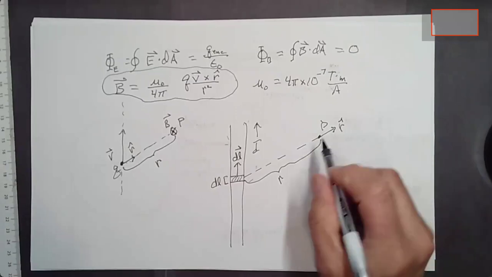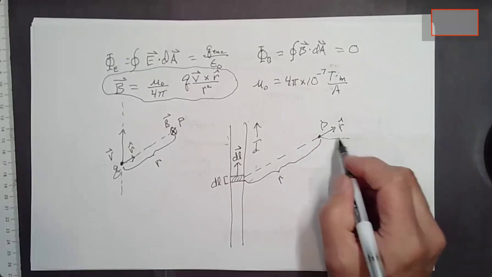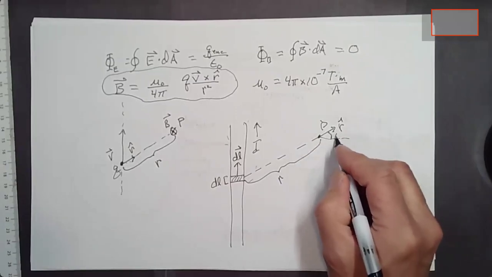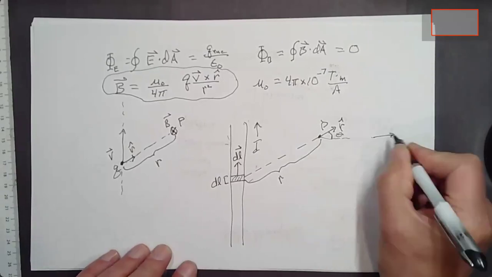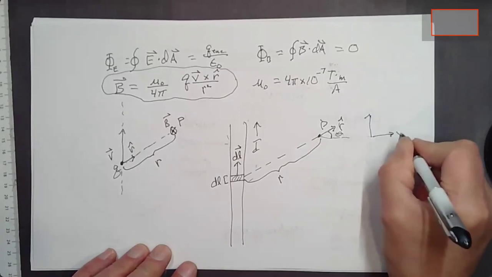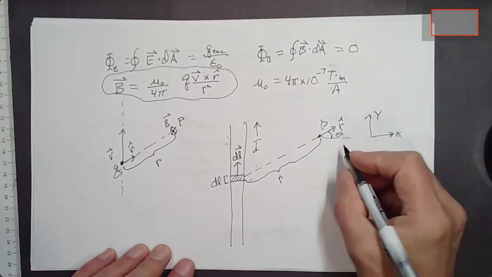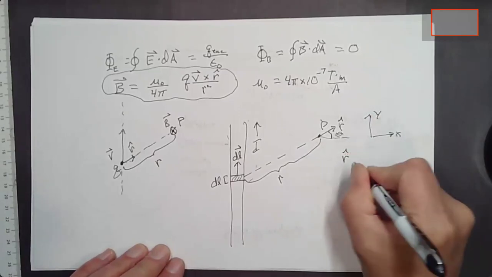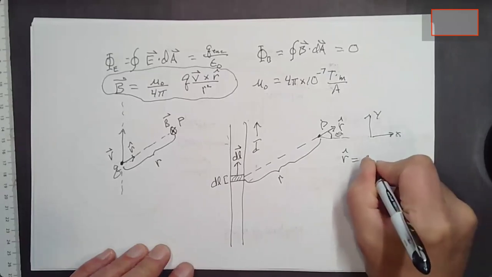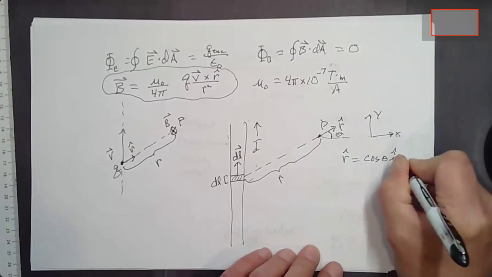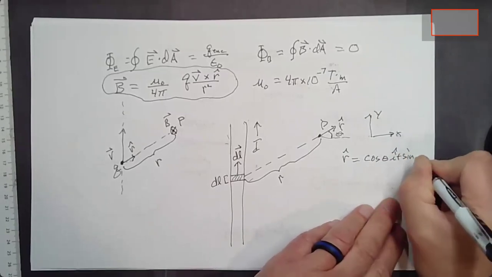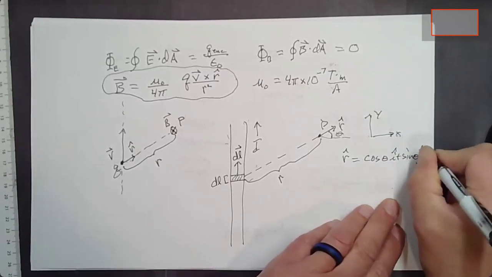And actually, if you take this angle and define a coordinate system here that has x that way and y that way, the unit vector r hat could be written as the cosine of theta in the i hat direction plus the sine of theta in the j hat direction.